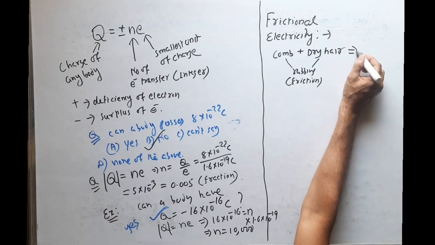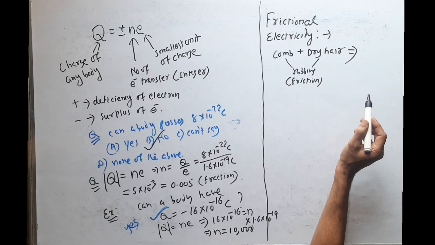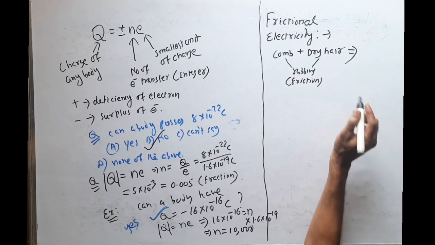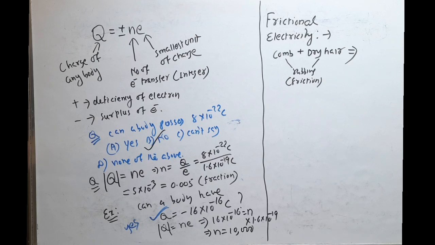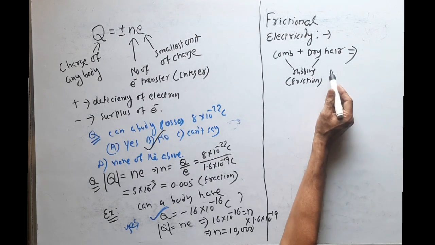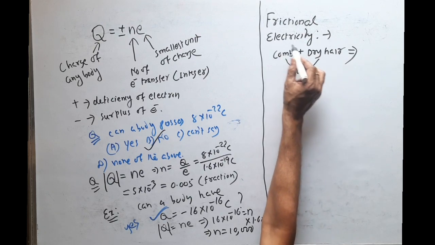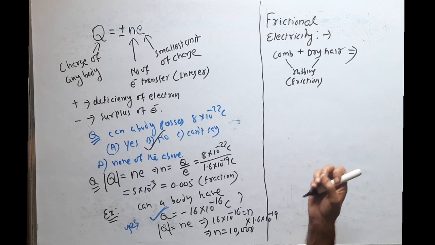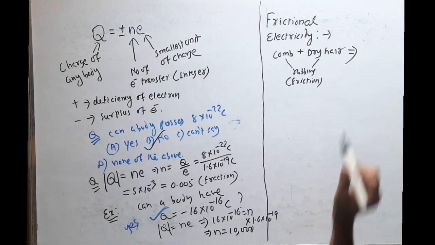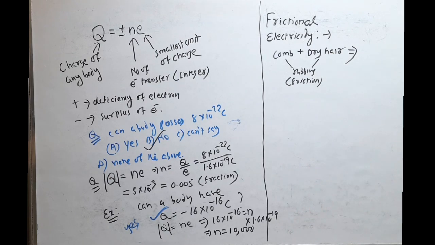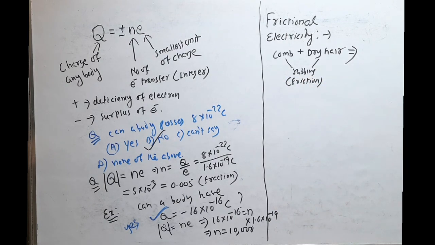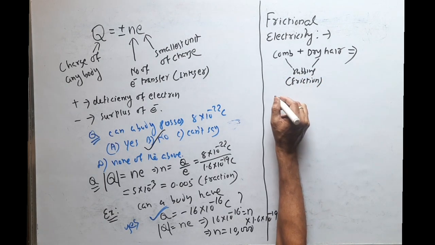After combing, you will observe some charge. This comb will attract very small paper pieces. That means after rubbing, this comb possesses some electrical power which attracts small particles. So here charge is produced in the comb due to which energy? Friction energy.